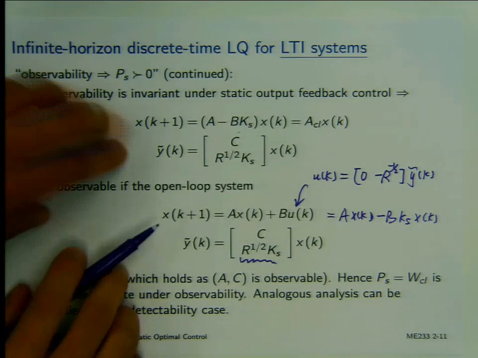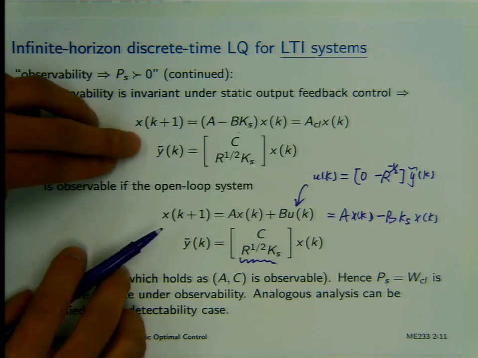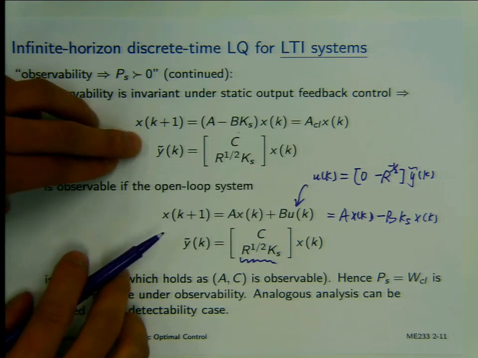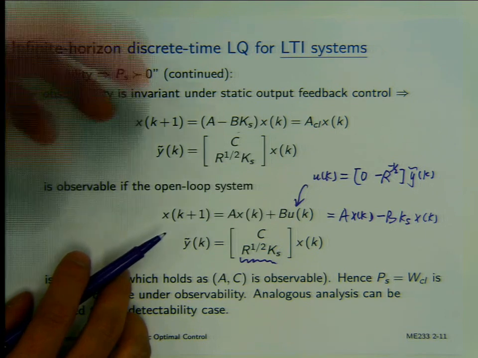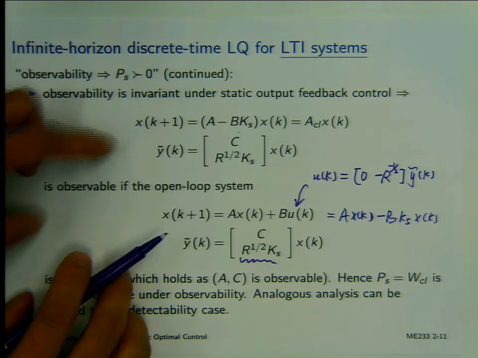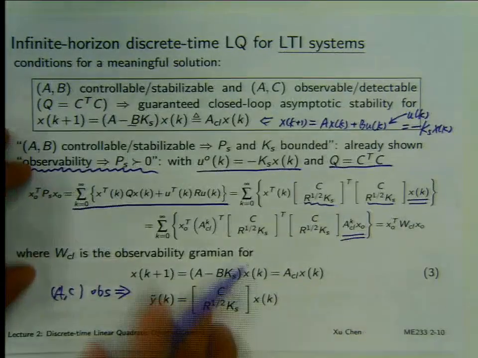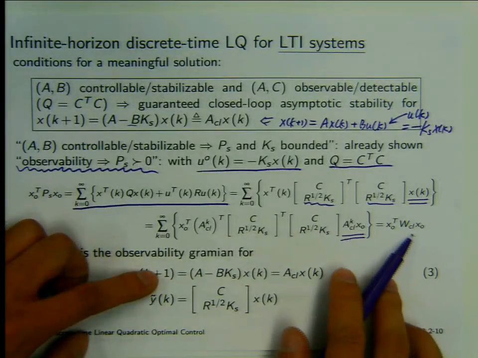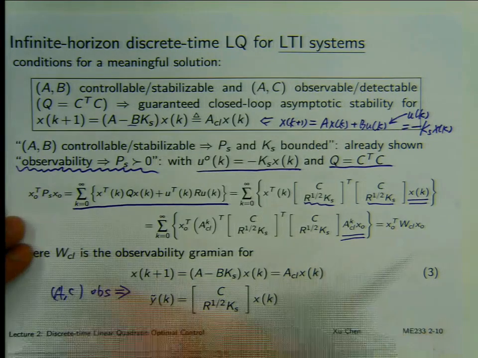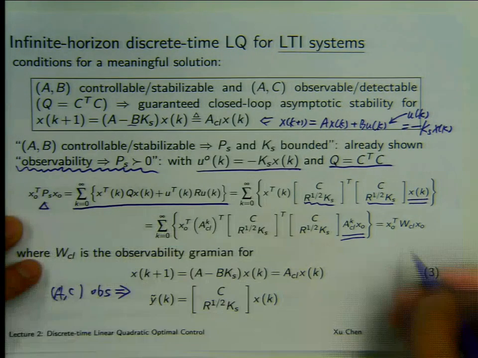Now, if this is observable, what will the observability Gramian be? Positive definite, right? So that means this matrix W_CL is positive definite. That means P_s is positive definite.